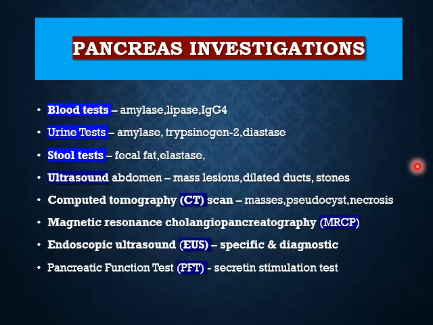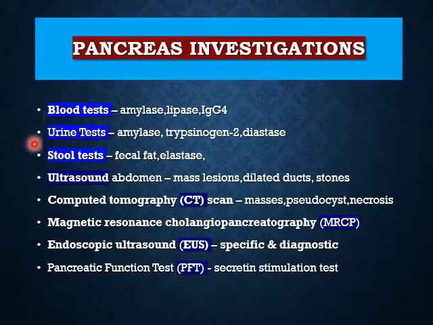Now, for pancreatic diseases, certain investigations are commonly done, which include the list I listed here: blood tests, especially serum amylase and lipase. Sometimes certain immunoglobulins can be done for immune diseases.